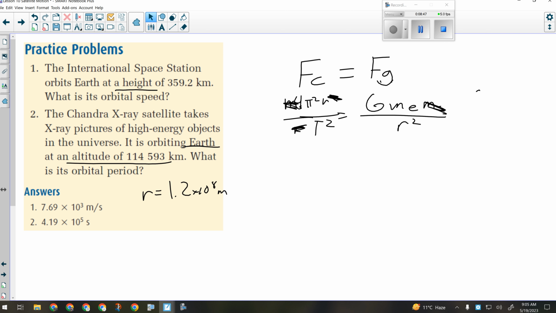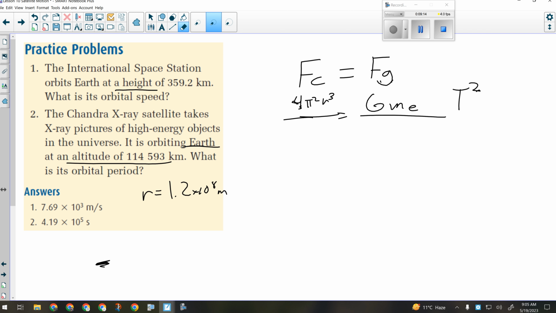Now I can manipulate to find the orbital period. I'm going to bring the orbital period over here by multiplying both sides by it, and get rid of the mass of the satellite. That squared is gone. And I'm going to bring r squared over here. What's r squared times r? R cubed.